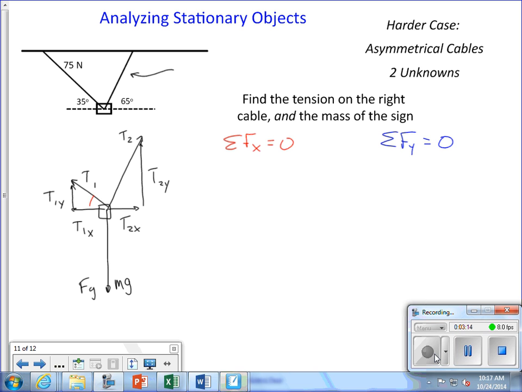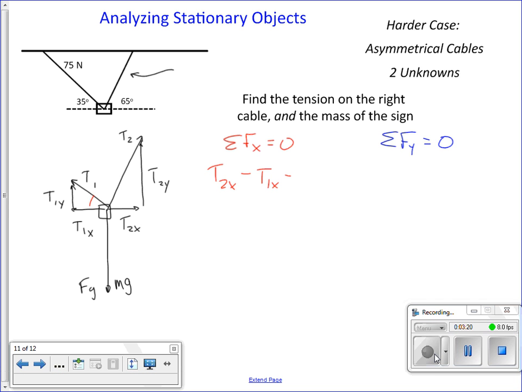So I'm going to write my net force in the x direction statement like that, which means this has to be true. We can express each x component in terms of the whole force and the angle that it pulls at.